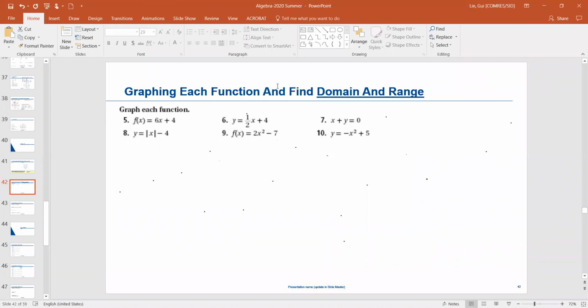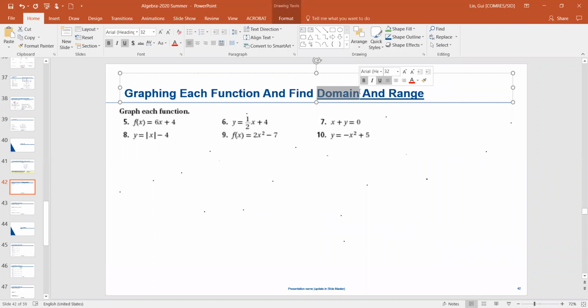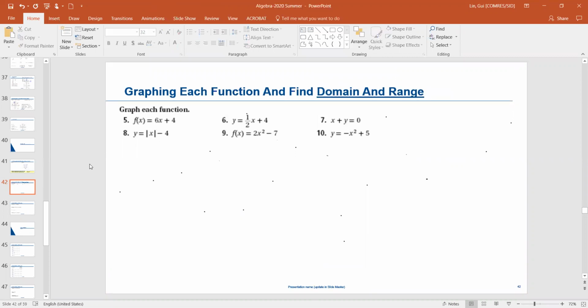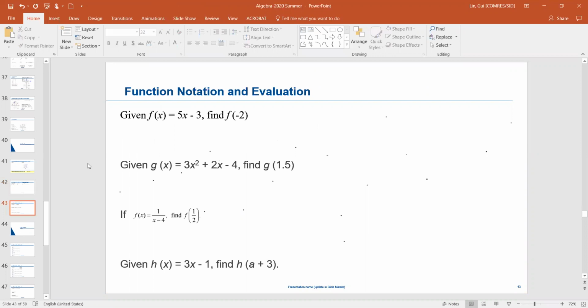And then we talked about the domain. Domain is the combination of x. And we also talked about the range, which is all the combination of outputs.